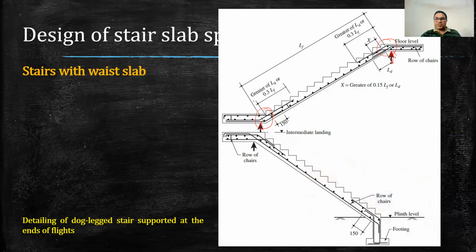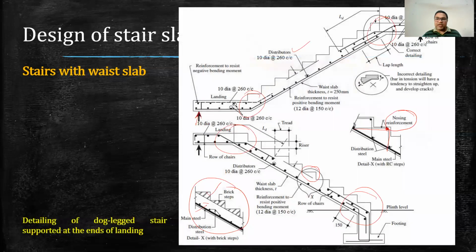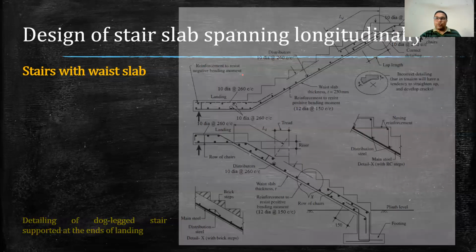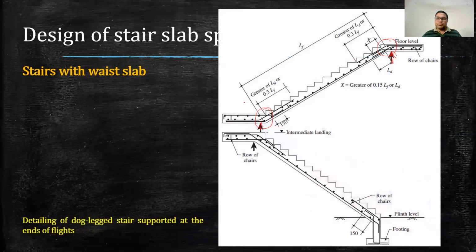In the previous case, you can see we are providing some extra reinforcement, but besides this we provide some more extra reinforcement to resist the negative bending moment. Because of the presence of this support, negative bending moment will surely develop at this junction and at this junction. Therefore we provide some extra reinforcement to resist this negative bending moment.